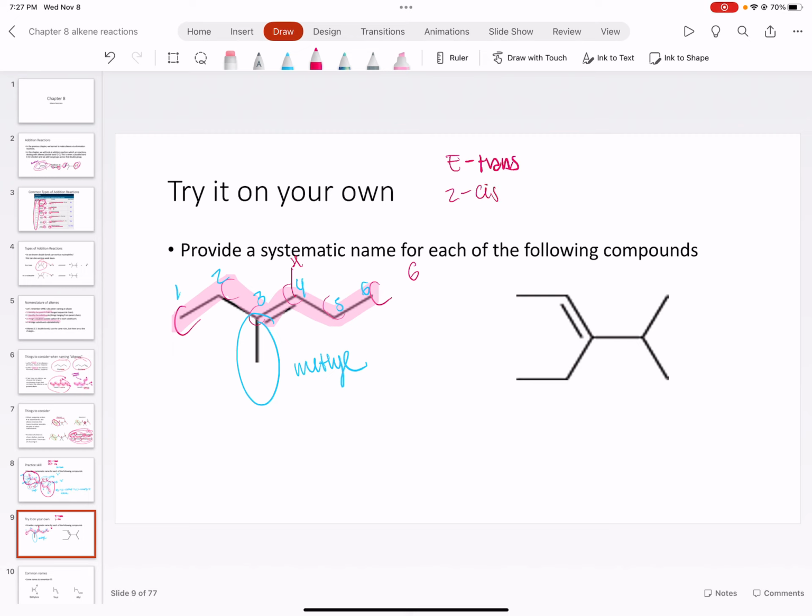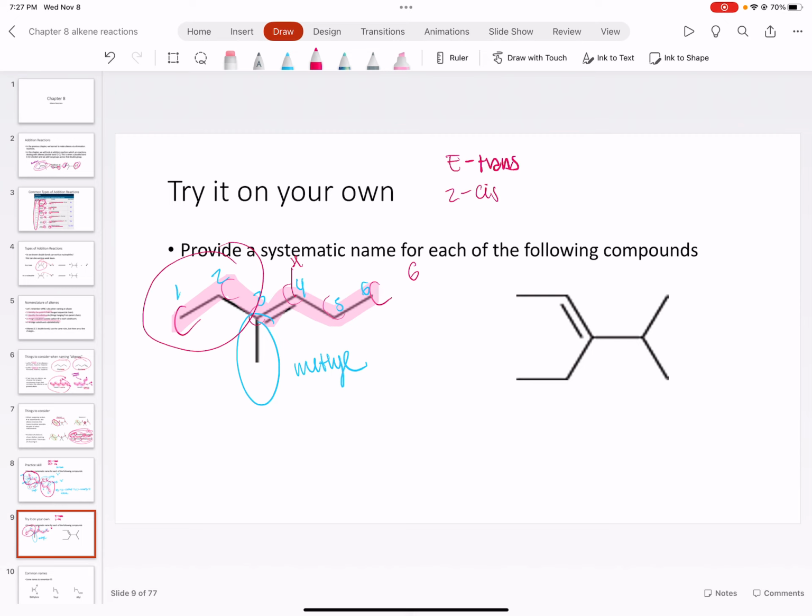So if I were to look at priority groups, on my left side, if I was comparing this side and this side, this side will have higher priority than down here.